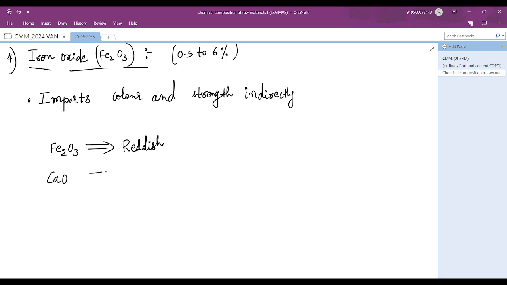Okay, lime is present in how much? 70%. Not exactly 70%, it is 60 to 67%. So approximately 70%. So color of lime is white. Now the color of cement is due to the mixture of this reddish and white color. And finally, the combination of this reddish and white color appears like a gray color.